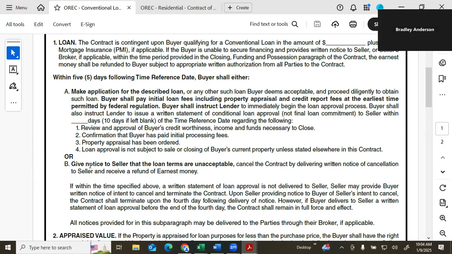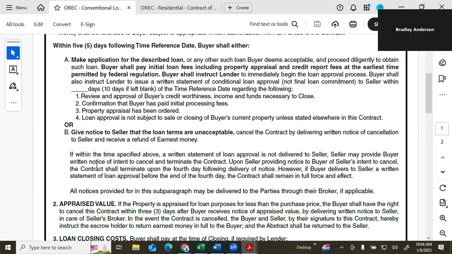Okay, but then it goes on to say, if within the time specified above, a written statement of loan approval is not delivered to the seller, well, the seller has recourse. The seller may provide the buyer, it says may, doesn't mean they have to, but the seller may provide buyer written notice of intent to cancel and terminate the contract.